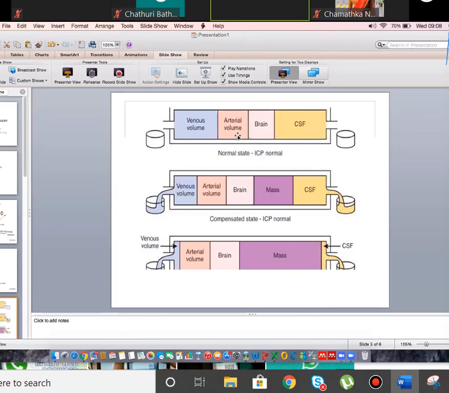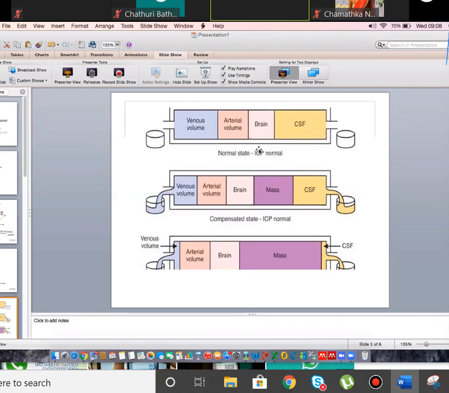Normally the body tries to maintain whatever parameter at a constant level. As I discussed earlier, the body tries to maintain the cerebral blood flow at a constant rate irrespective of the changes of cerebral perfusion pressure. In the same way, the body tries to maintain the intracranial pressure at a constant rate irrespective of the changes in its contents. So there are certain adaptive mechanisms.